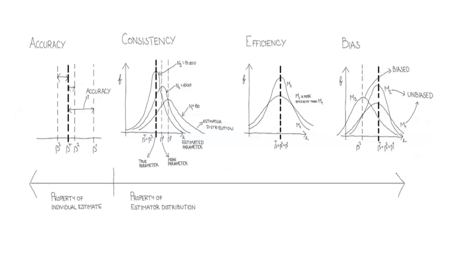For accuracy, you will see all the coefficients have the same values, and for consistency, as n is increasing, they are approaching the parameter. In efficiency, you can see the best estimator is the one that has the lower variance. And in bias, you can see as the sample size is increasing, our sample estimates are approaching the population parameters, and there is no bias between them. They are unbiased estimators.